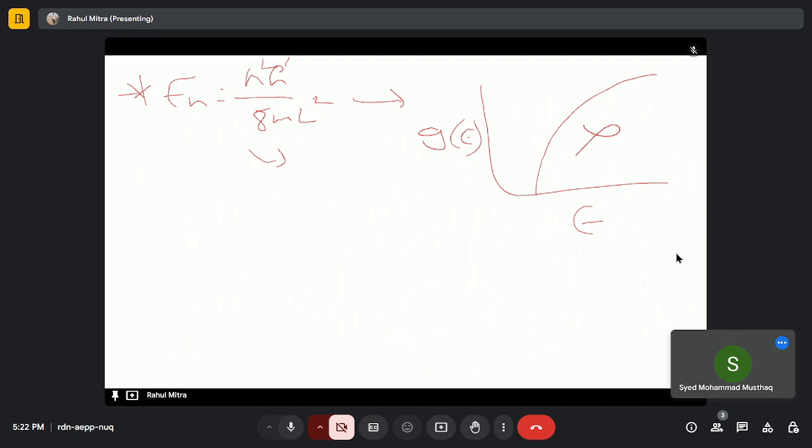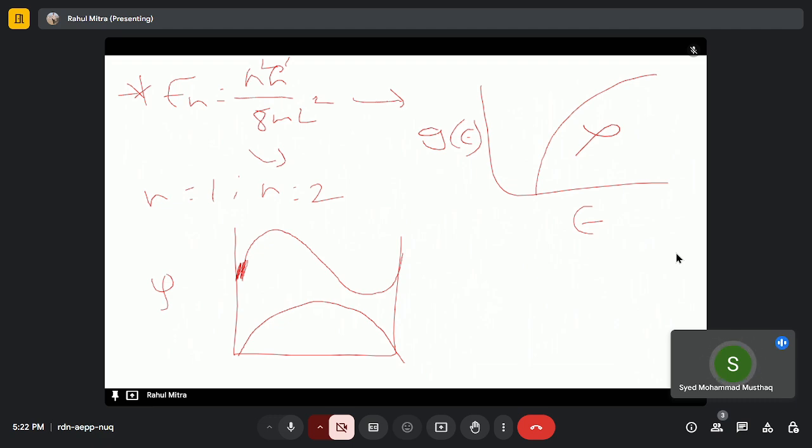Now again, what does this mean? What do n equals 1 and n equals 2 mean, right? Again, that is our question. For n equals 1 we have it like this, and for n equals 2 we have it like this. It just shows the probability distribution, right?